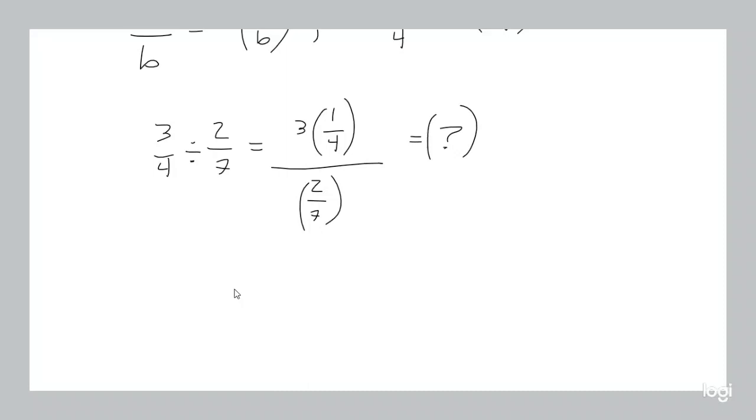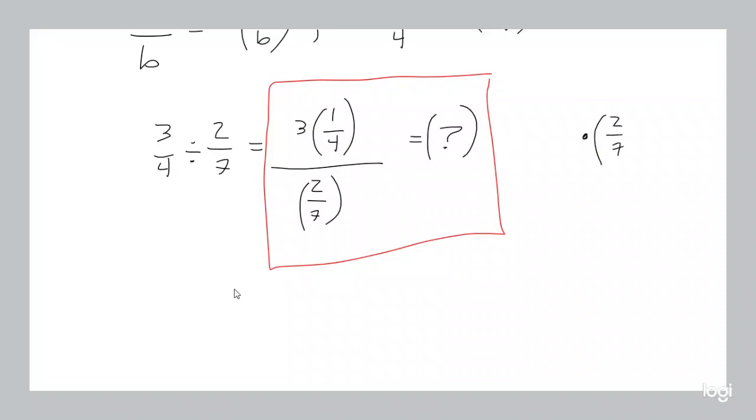Now here's what we're going to do. We're going to take this equation and we're going to multiply both sides by 2/7.